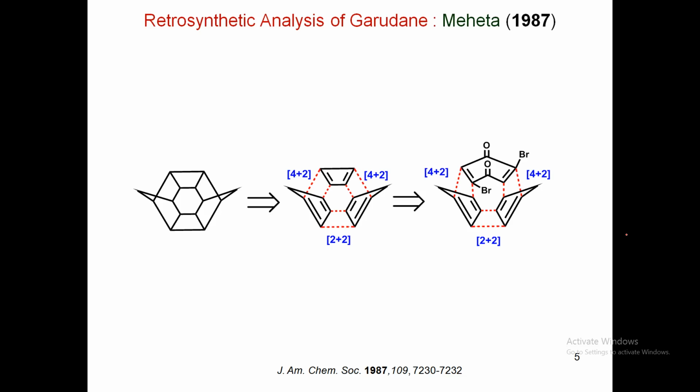And here you can see we have disconnected this and this part. So if we do that, here we would be generating one cyclobutene, and here cyclopentadienes, two cyclopentadienes.